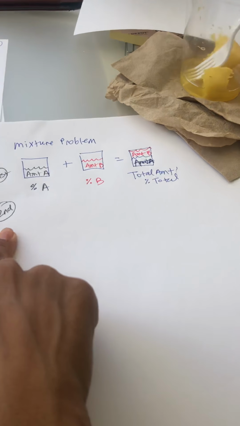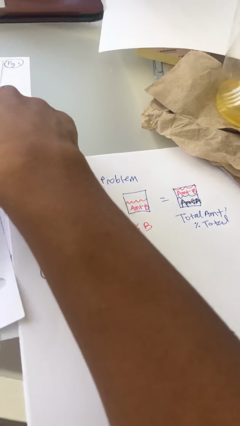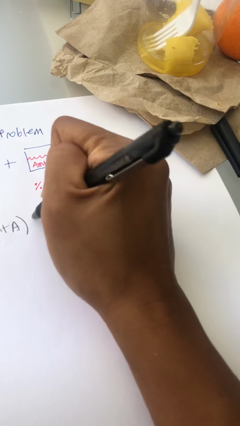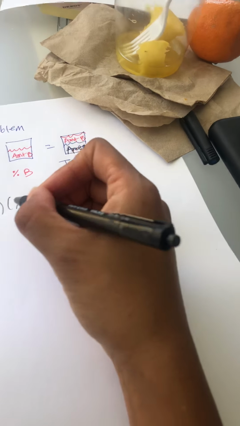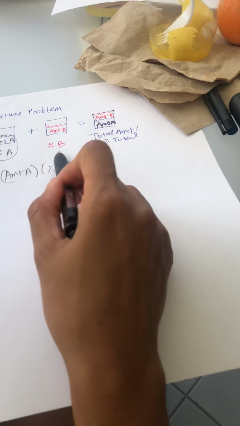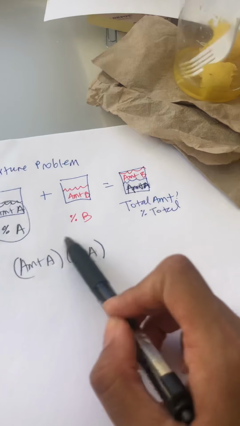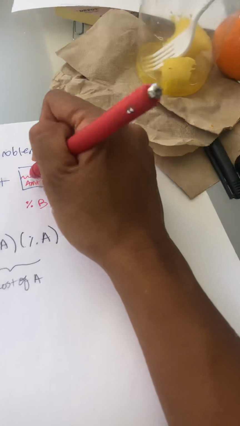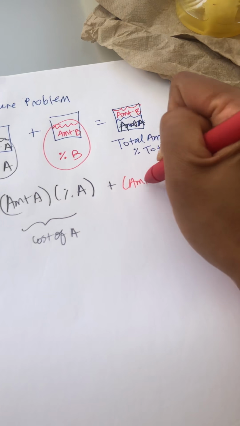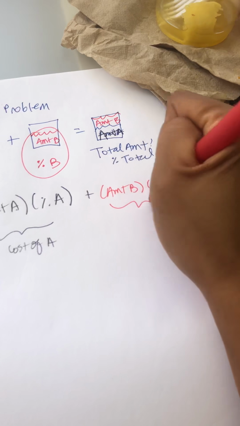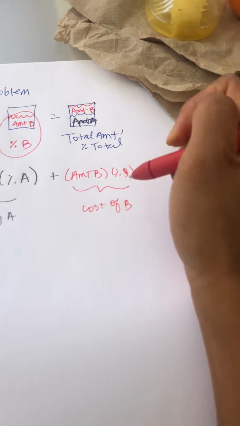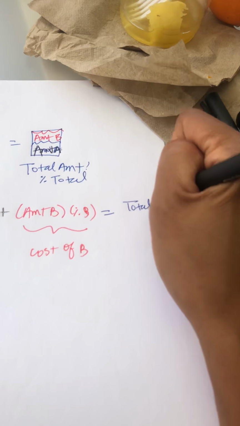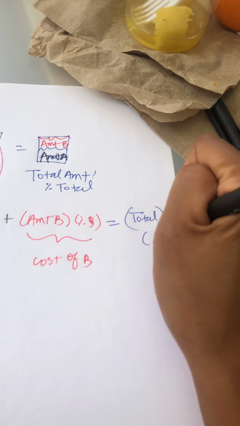So the second thing you need to know about mixture problems is that when you multiply amount A times the percent of A, you get, in this case, the total cost for amount A. So this will give you the cost of A, plus amount of B times the percent of B will give you the cost of B. The costs, or whatever it is that we're looking at, is equal to the total amount multiplied by the percent of the total.